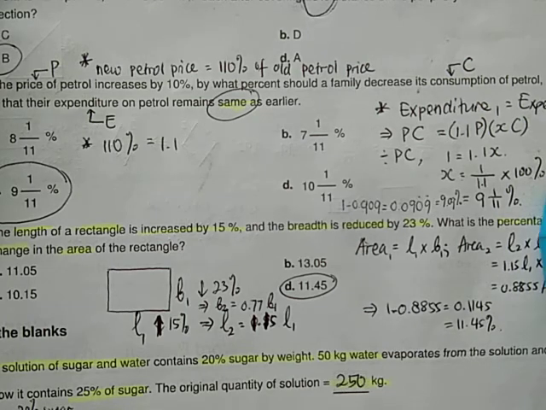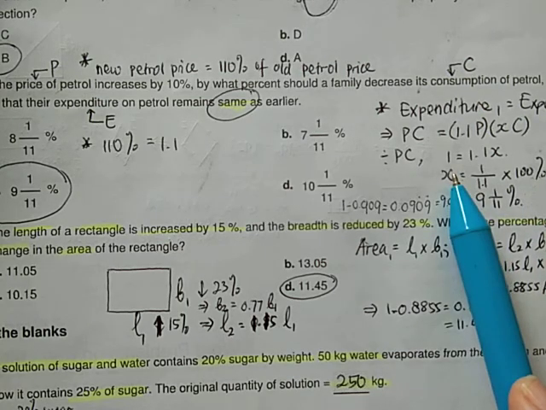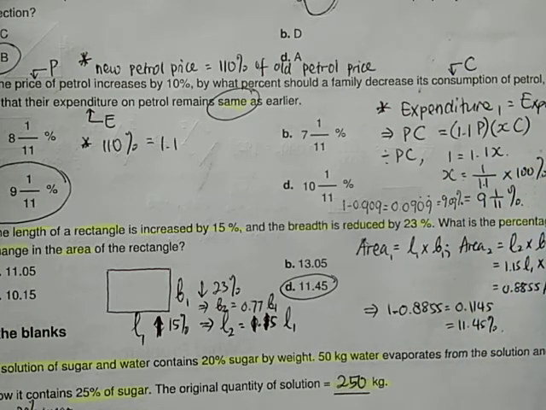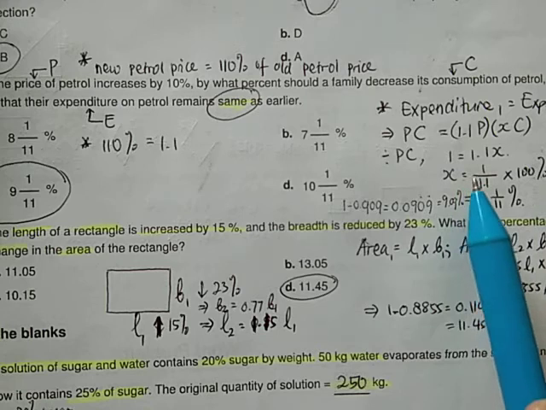That means the current consumption is only 90.9% of the previous one.